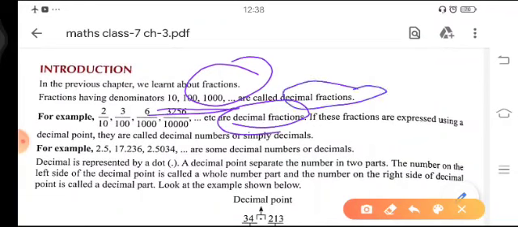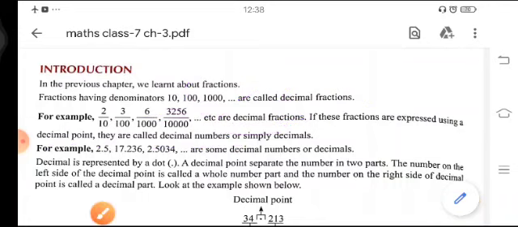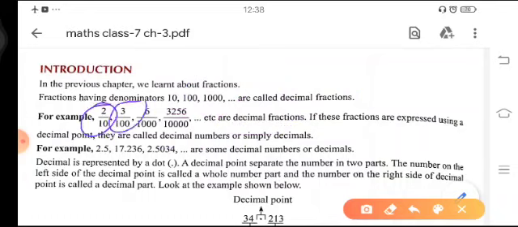If these fractions are expressed using a decimal point, they are called decimal numbers. So again, we can understand that 2 upon 10, 3 upon 100, 6 upon 1000 and so on are decimal fractions.